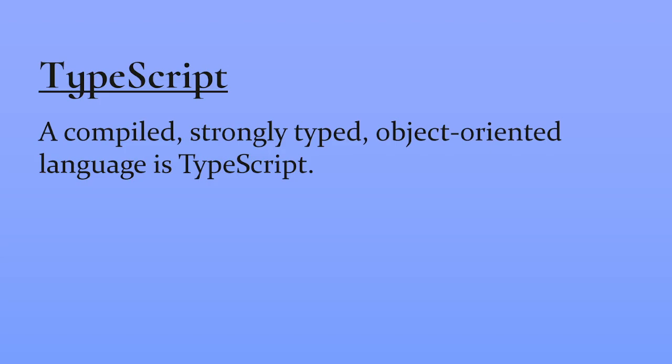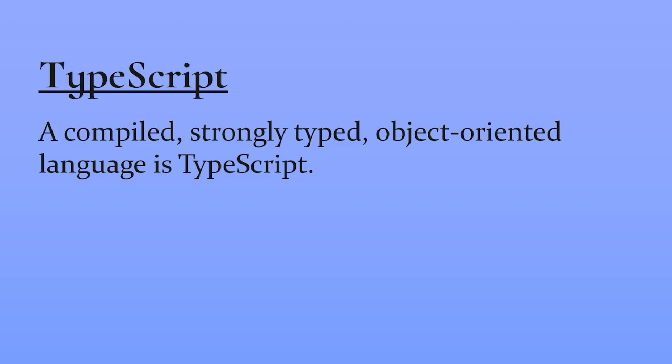Only when you run the program, after the build and run part, will it show the error in your JavaScript file. But TypeScript is not like this. While you're typing, it will show the error right there. So it is very easy for developers to solve those errors there itself and move on to the next step, or else the next steps will also be wrong. That is the major advantage of TypeScript.